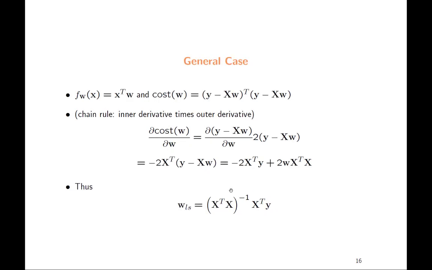Because now we're doing the multi-dimensional input. So the function is x transpose w. X now has many dimensions. The cost function is y minus xw, transposed, times y minus xw, as we discussed before. And now we have to apply again the inner derivative times outer derivative rule.